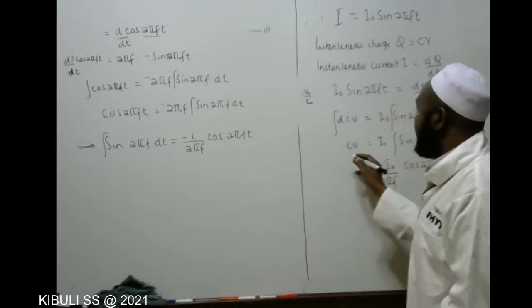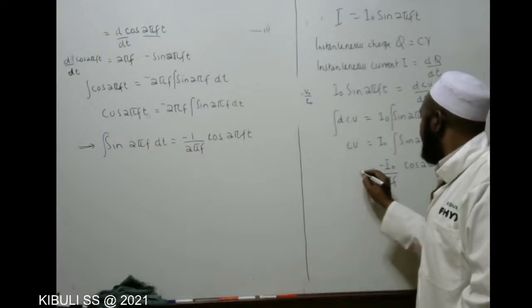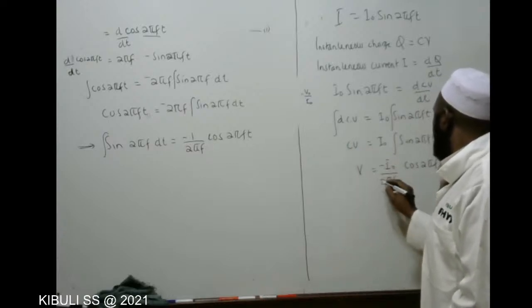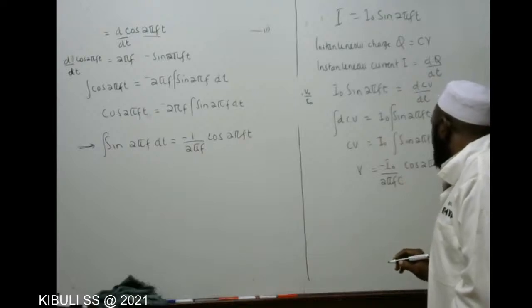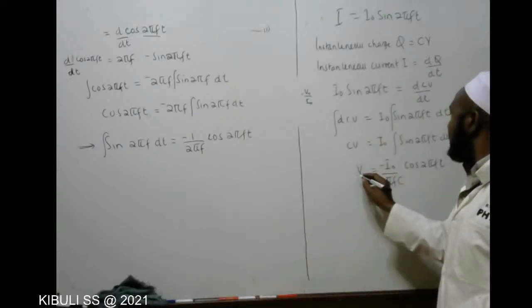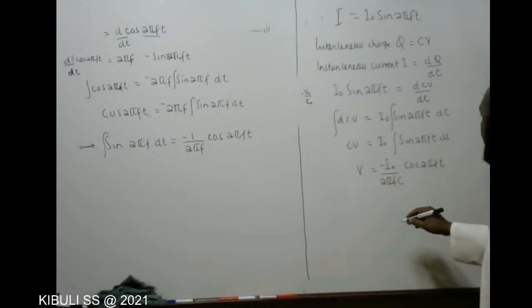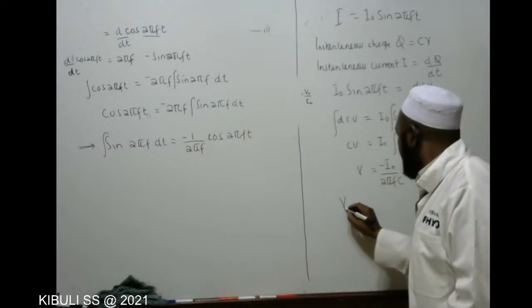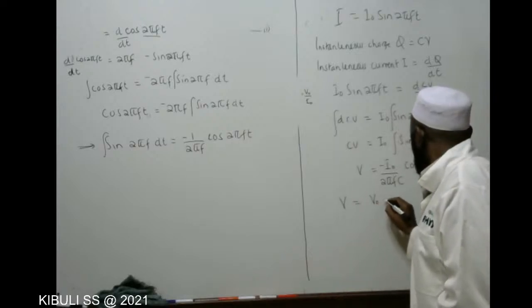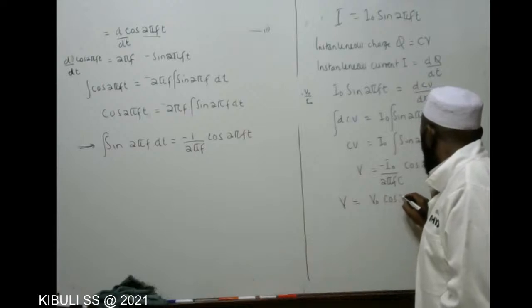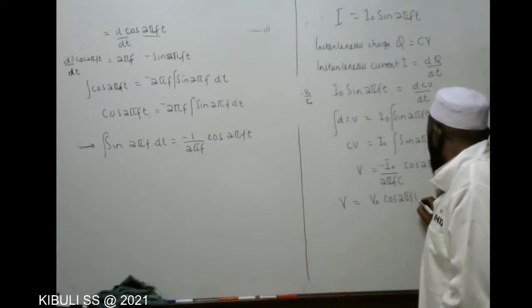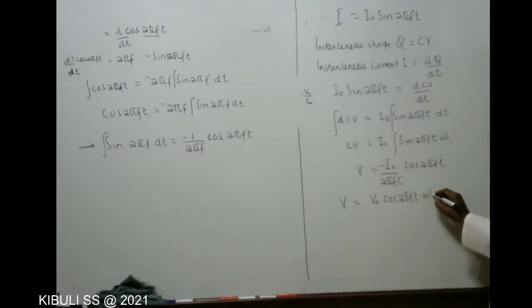Now if we divide both sides by C, we get that V is now going to be equal to, we divide by C. So this is now going to be the same as V equal to V naught cos of 2 pi ft, where V naught is the same as I naught over 2 pi fC.